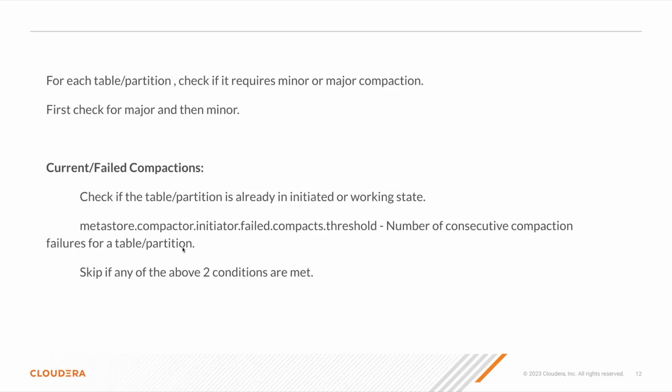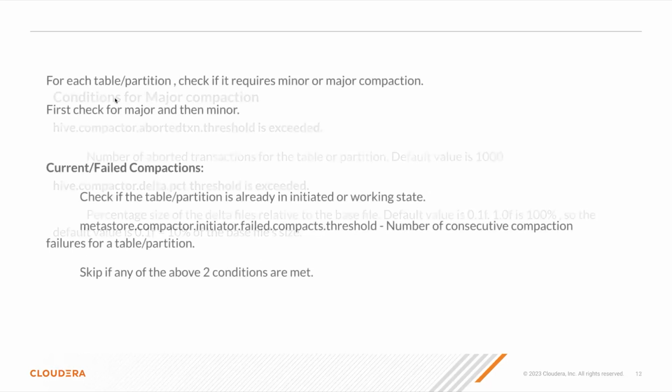Default is 2 times, but we can configure it: metastore compactor failed compact threshold. If this threshold is exceeded, say if it is 2, and for the last 2 times the same table has failed to compact, then we don't want to initiate it again. It needs to be checked and the problem has to be solved, only then can it be compacted again.